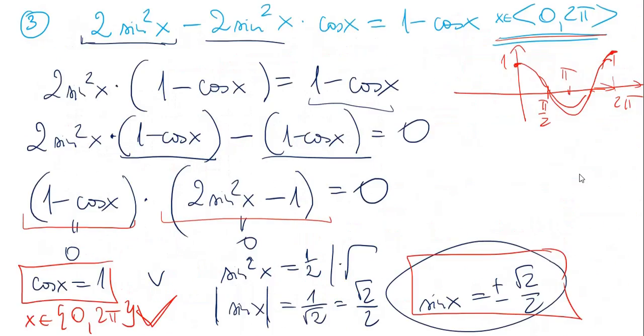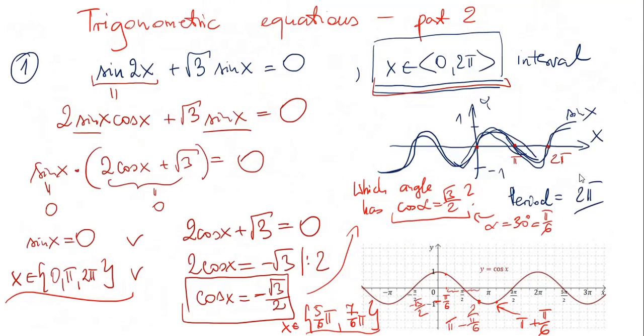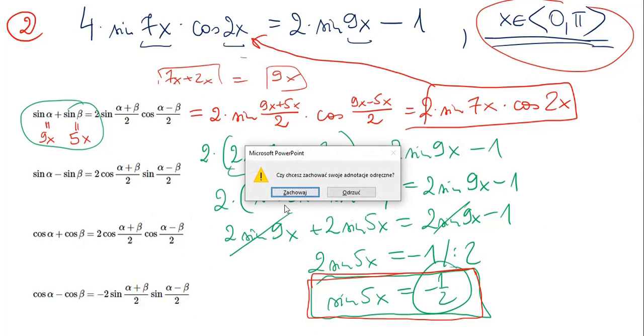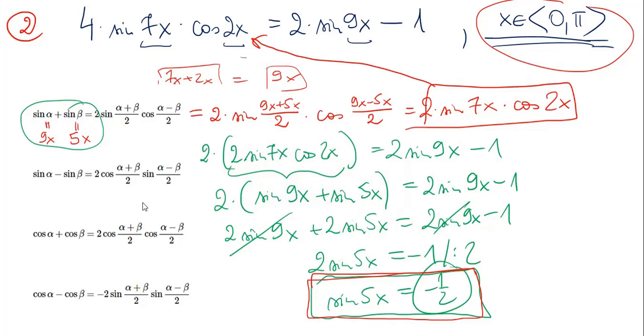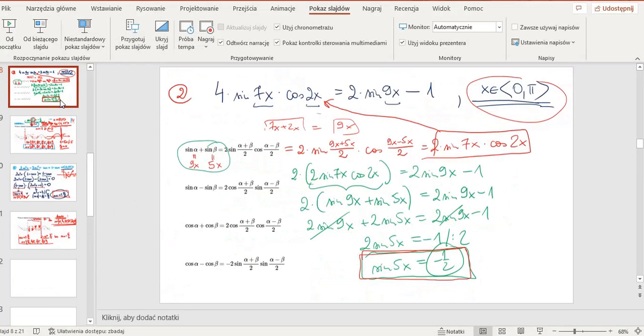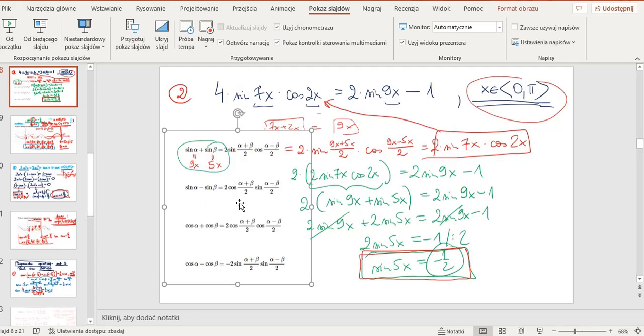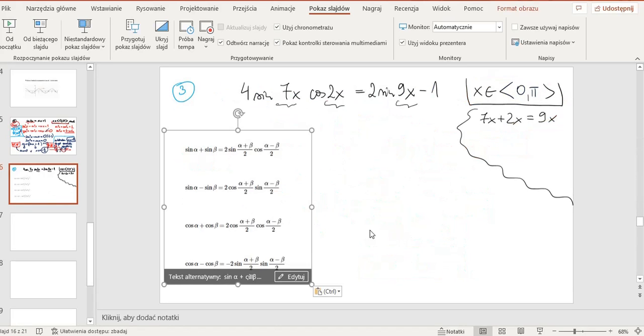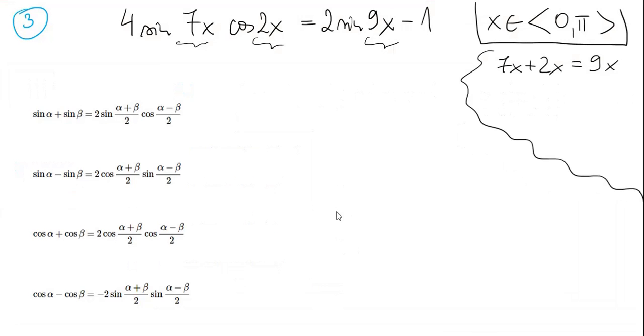Or you could see that we can get 7x and 2x by using slightly different numbers, so 9x and 5x, because if you add 5 and 9 together, you get 14 divided by 2, you get 7. If you subtract them, 9 minus 5 is 4, divided by 2 is 2, right? So, okay, I'm just jumping here to the formulas to show you the formulas.